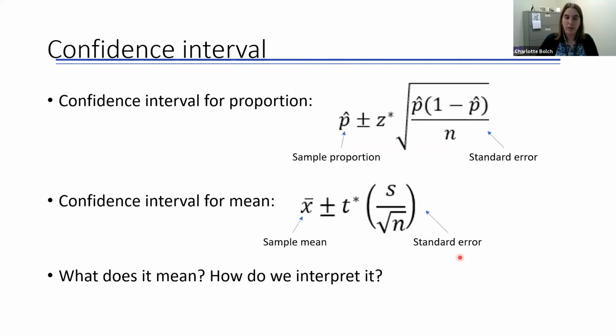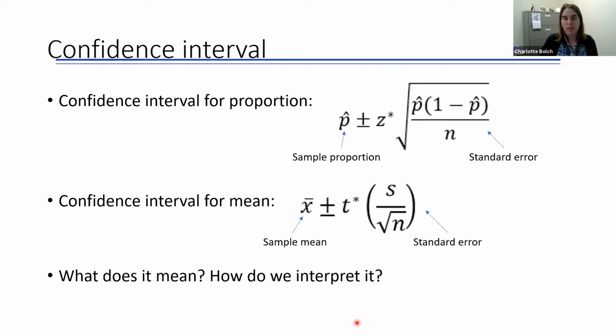This is the standard error for the mean, and then the standard error for the proportion. Finally, we have these z star and t star values, which are the number of standard deviations away from the sample mean based on the level of confidence we want, which is usually about 95%.